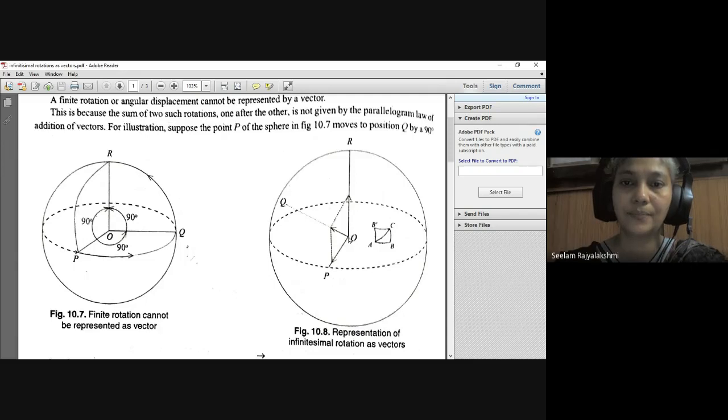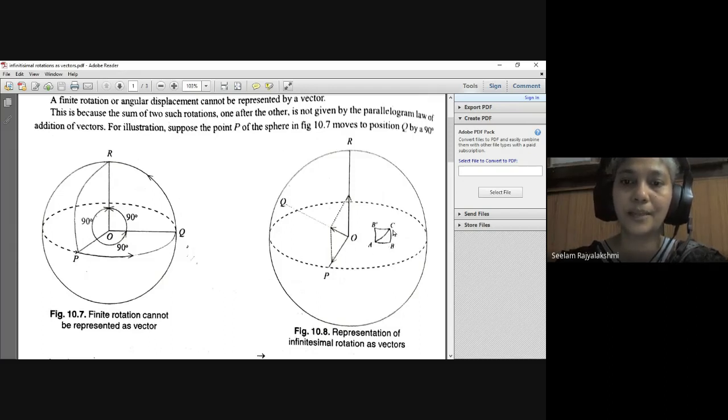If we consider any point on this surface, let it be A, and it moves from A to B about OR, which is fixed, and then again from B to C about a fixed axis OP.